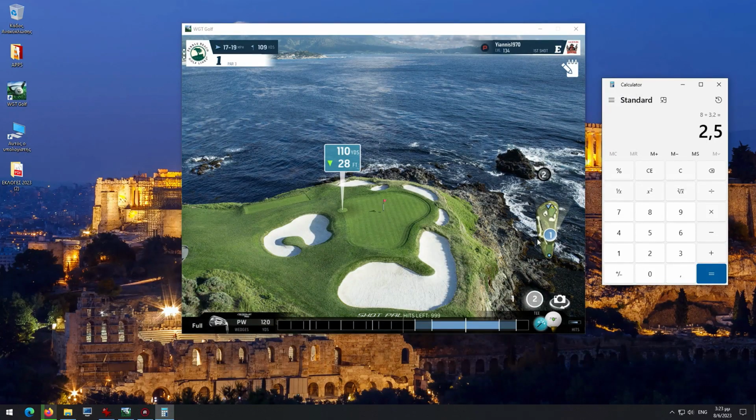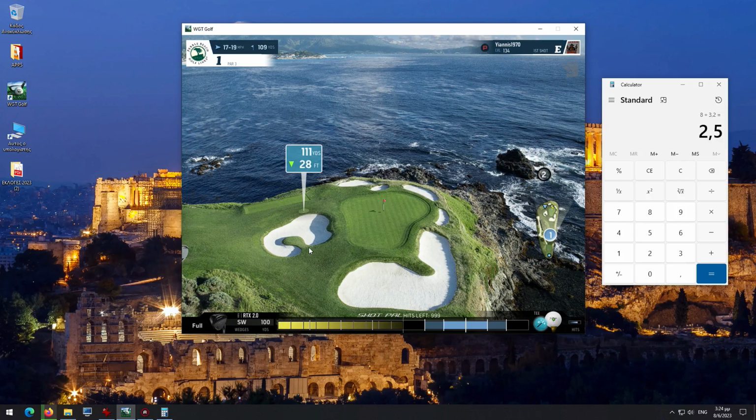Let's go with a stroke. This is a bad wind for this shot. The only thing that we need to take care of is to go at the same height as the pin, at about 109, so we can have a straight line, pin high.